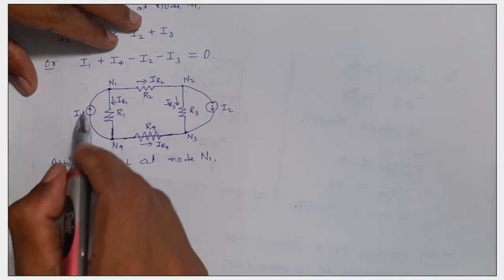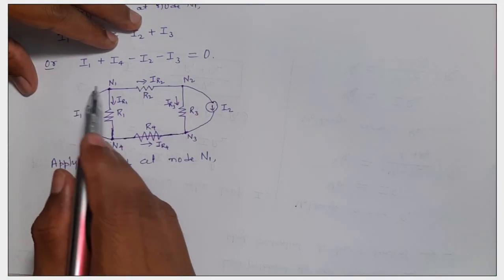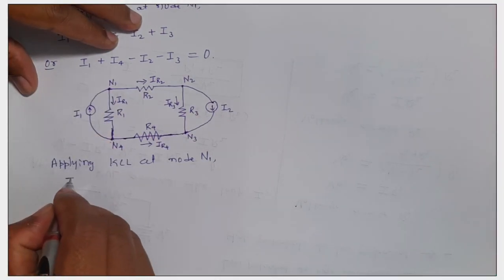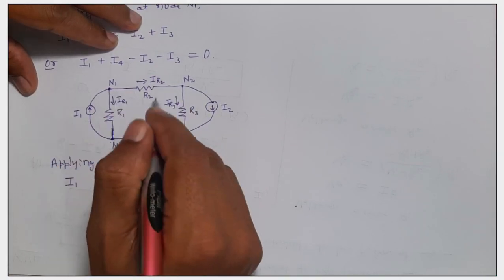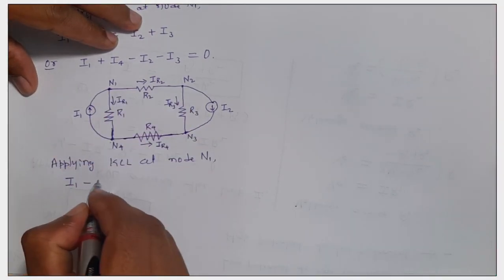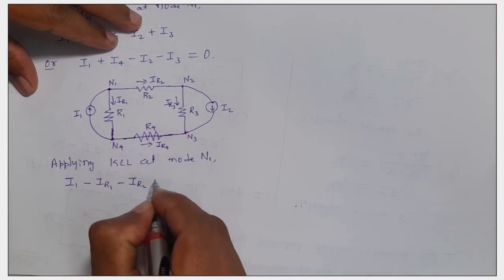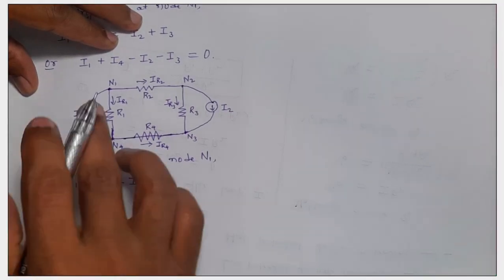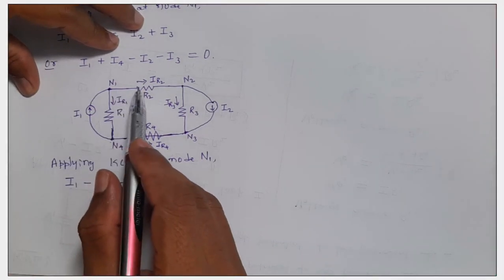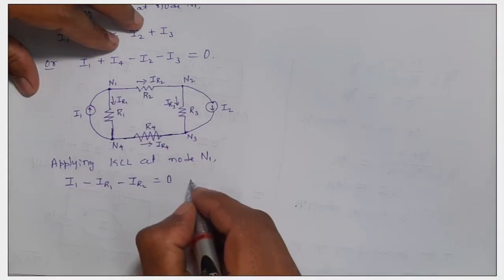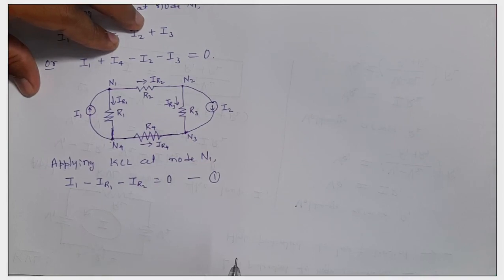Now at node N1, how many currents are incoming? Only one current is incoming and two currents are outgoing. Directly I will write I1 minus IR1 minus IR2 is equal to 0. Otherwise you can write it as I1 is equal to IR1 plus IR2. This I call equation number 1.